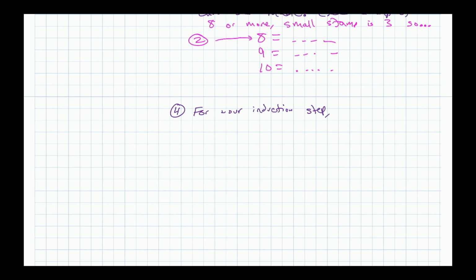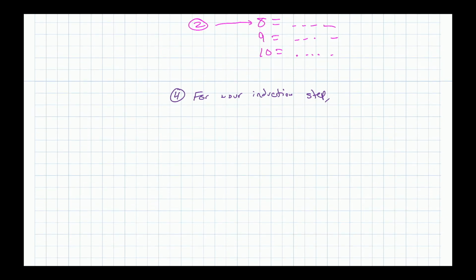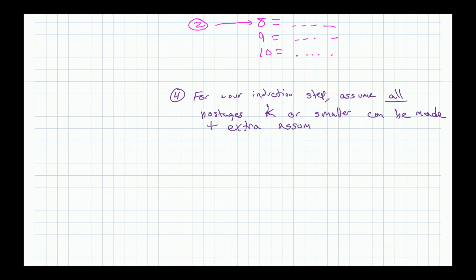So for your induction step, you assume all postages, k or smaller, can be made. Right? Plus one extra assumption that's hard to explain here, but I will in the example. Again, see example.